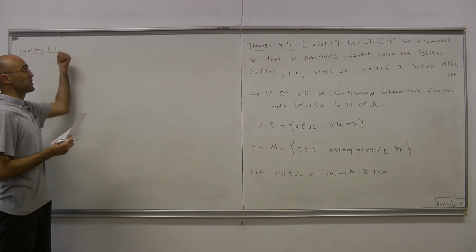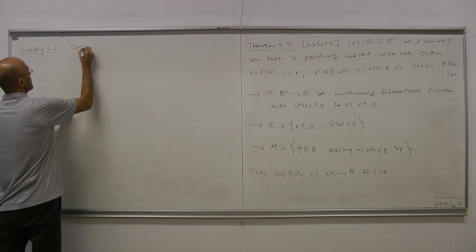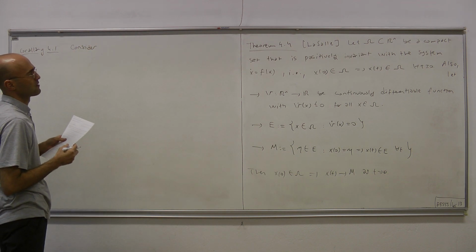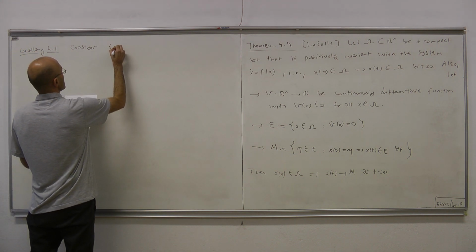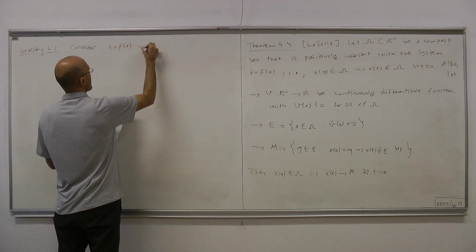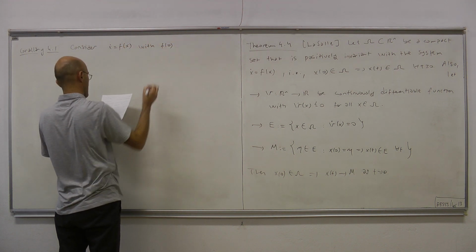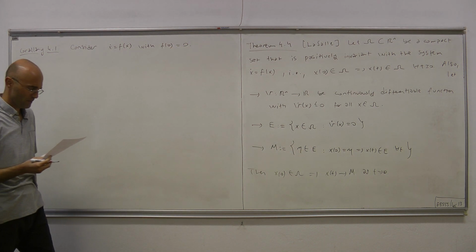This is the text's numbering. Consider x dot equals f of x with the origin being an equilibrium point.